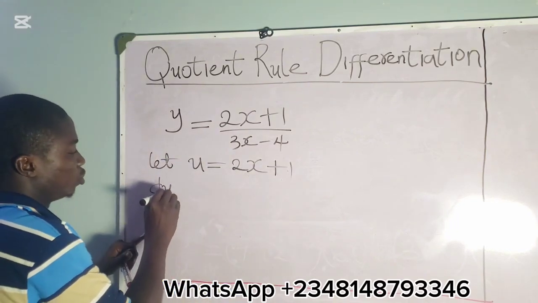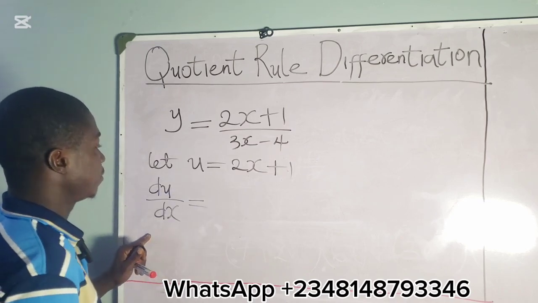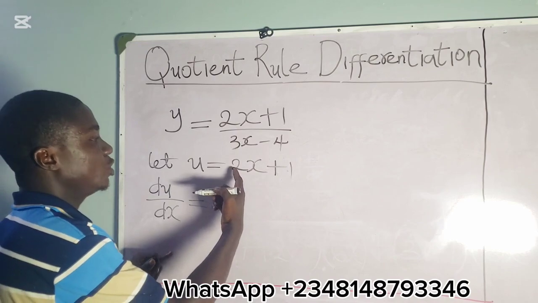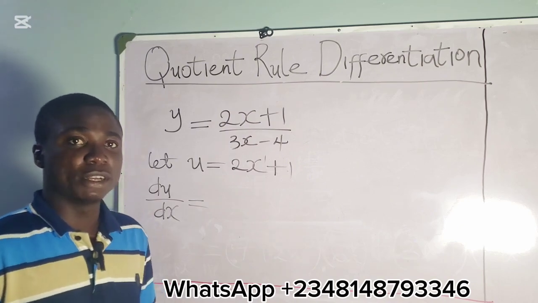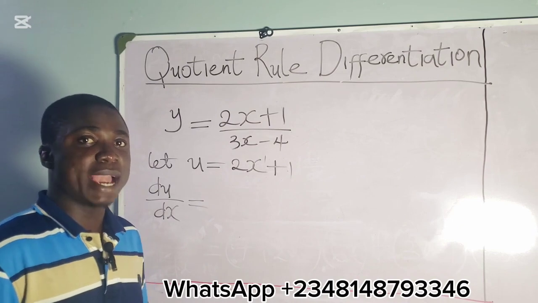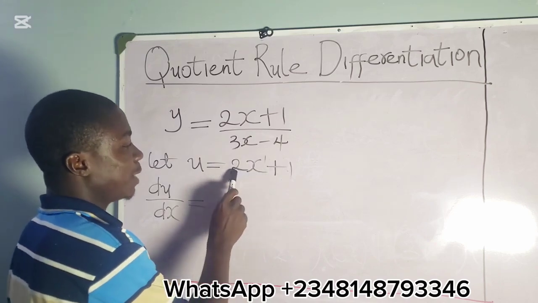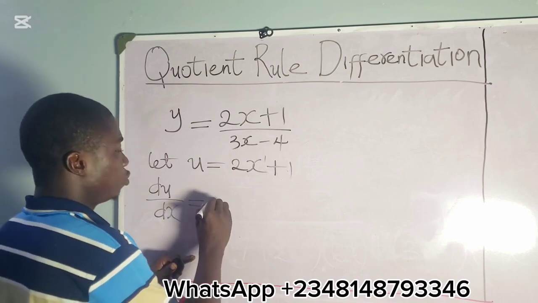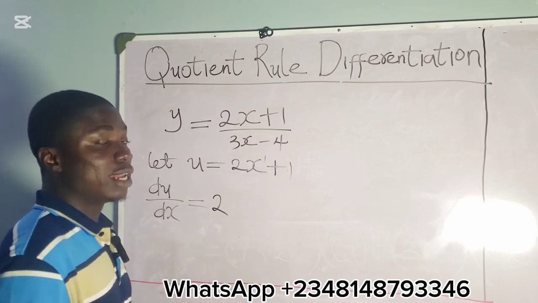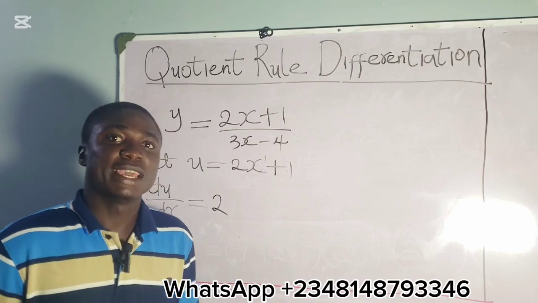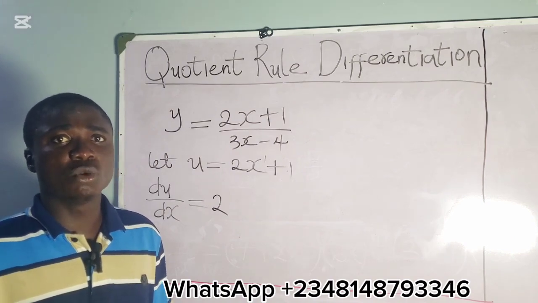So if you differentiate u with respect to x, you are going to have, if you differentiate 2x, here x is raised to power 1. Now, let's apply the general method of differentiation. You simply multiply x by its power and then subtract 1 from the power of x. So 1 multiplies 2 is 2. So we have 2 here. 1 minus 1 is 0. Now, according to the zeroth law of indices, any number or base raised to power 0 is equal to 1.